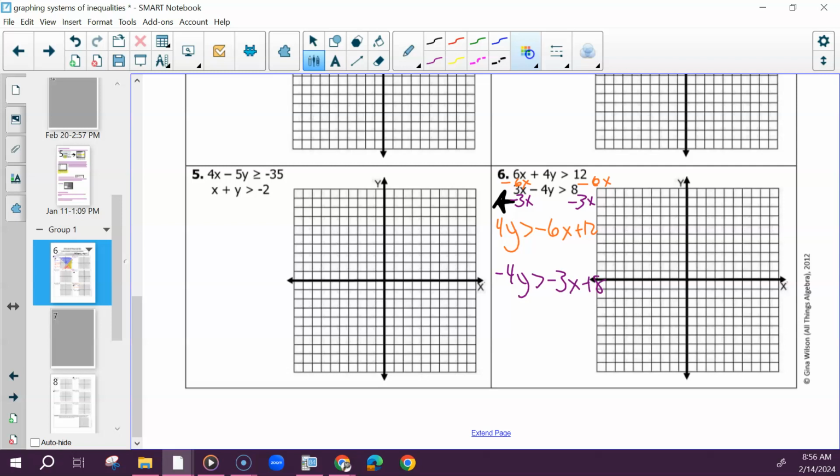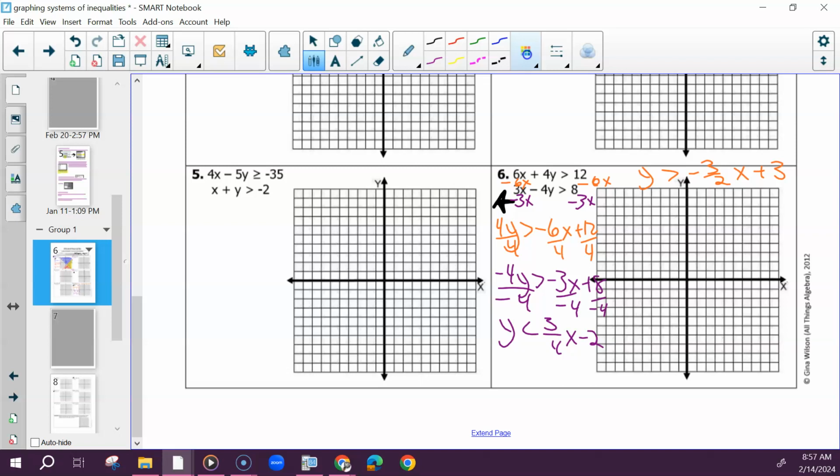And then divide the first one by 4 and the second one by -4. Make sure you change the direction of the sign. And then go ahead and graph both of those.